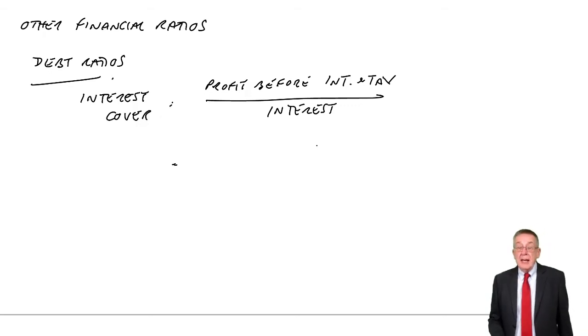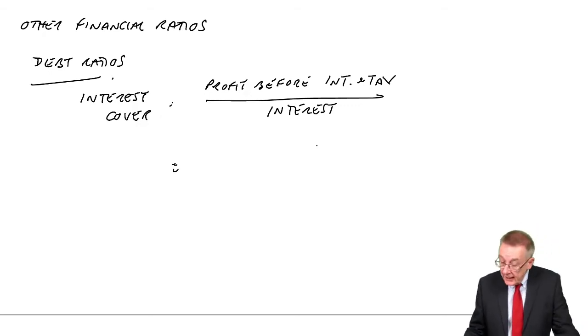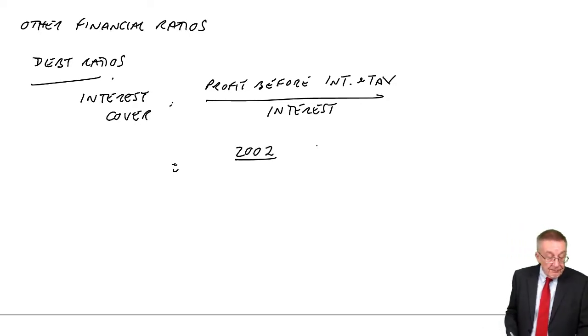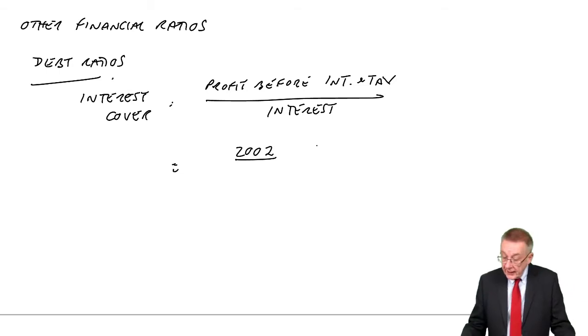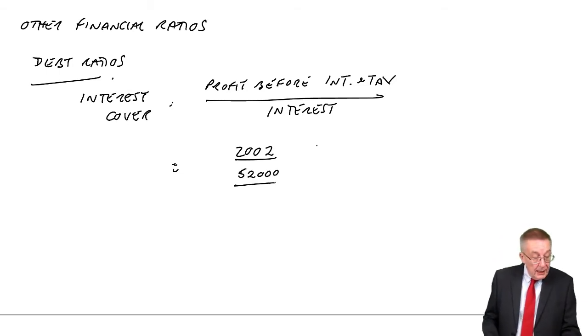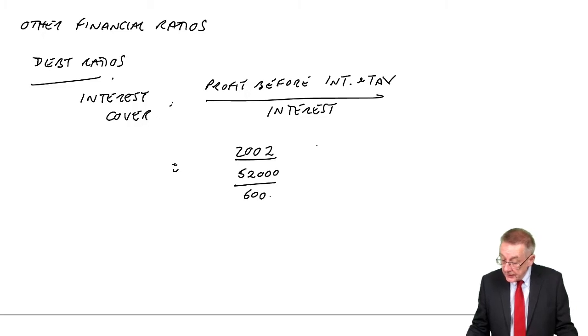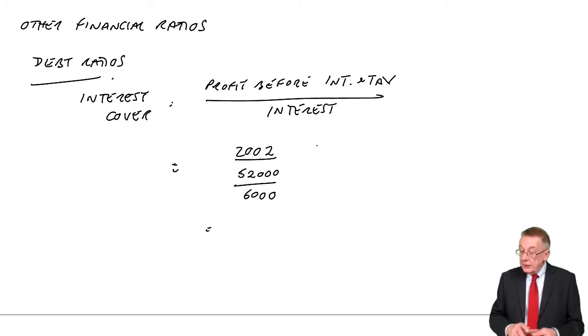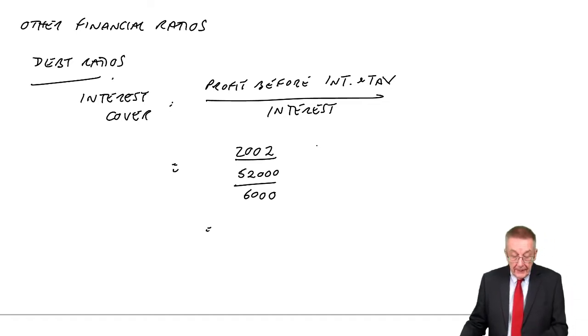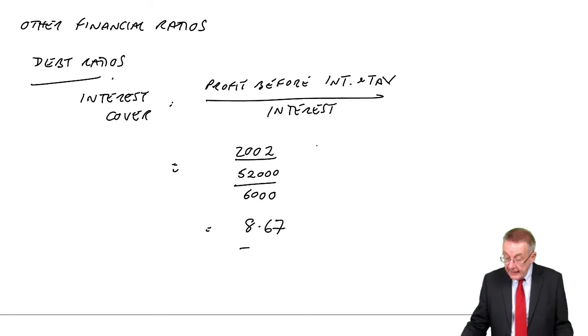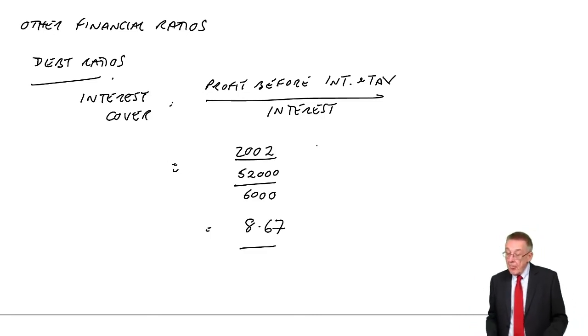Before I say more about the relevance of it, check me on the figures. In 2002, the profit before interest and tax was 52,000. The interest was 6,000. So the interest cover, 52 divided by 6, is 8.67, and this we leave as a number, as a ratio.